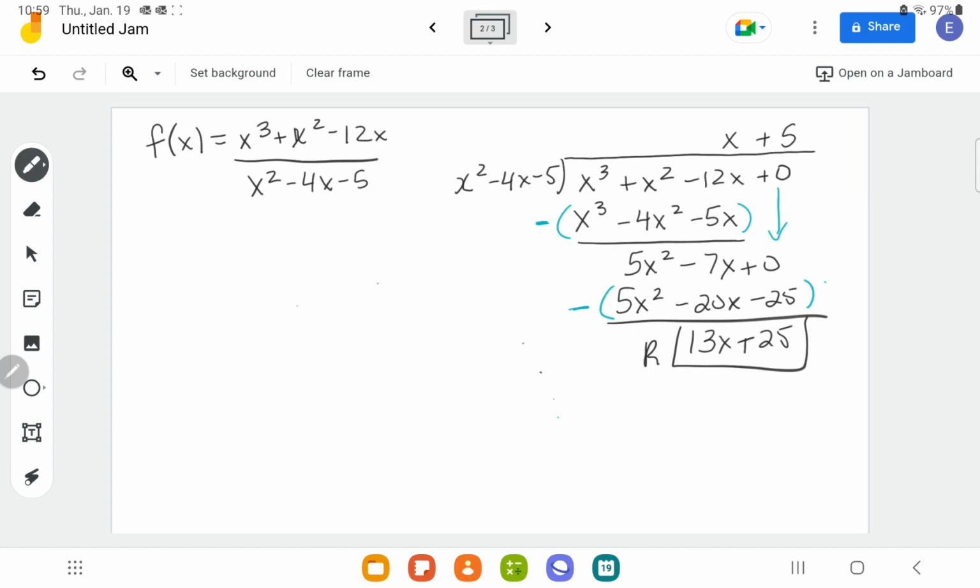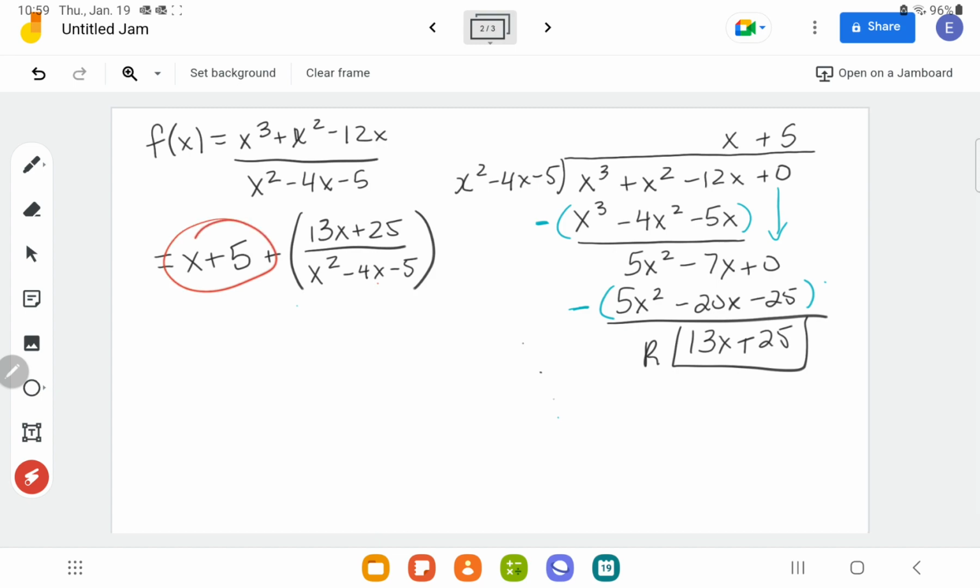I'm going to rewrite this function as x plus 5 plus (13x plus 25) over (x squared minus 4x minus 5). So this is my remainder, and this is my oblique asymptote.